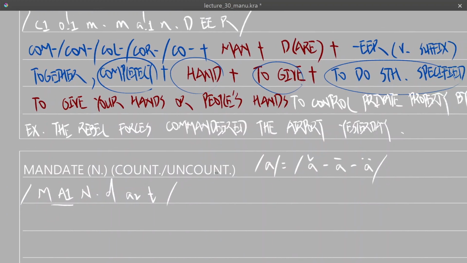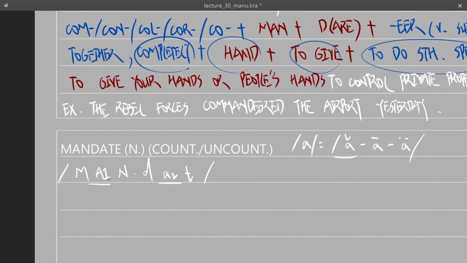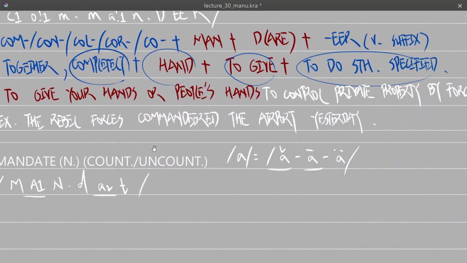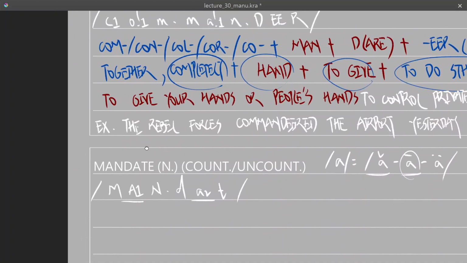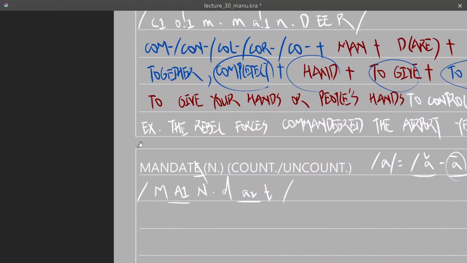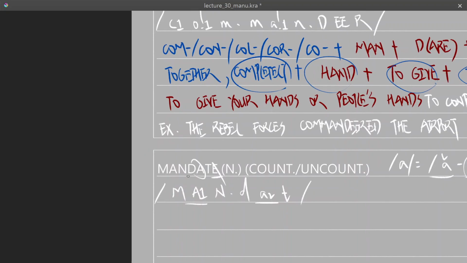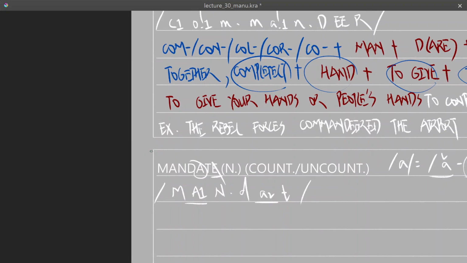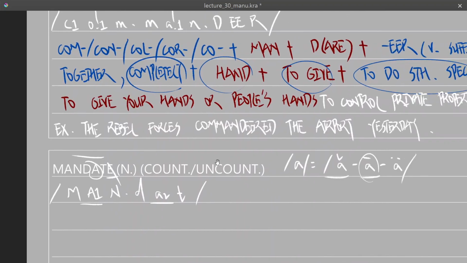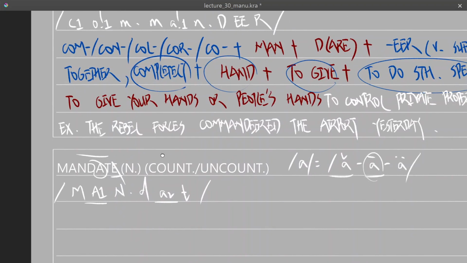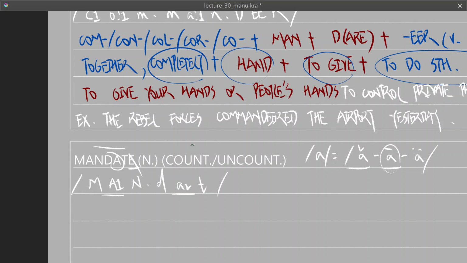A1 is the first sound of A-R, A2 is the second sound of A-R. It's the long A sound. And you have the silent final E, as the phonogram A says its long sound. Alright, mandate.